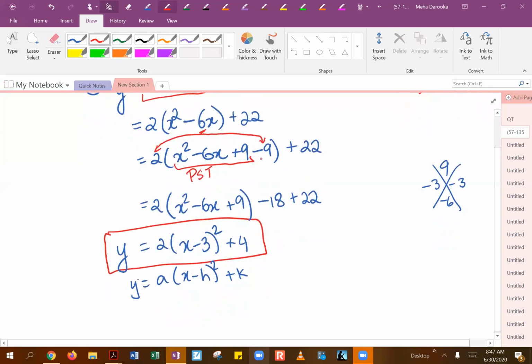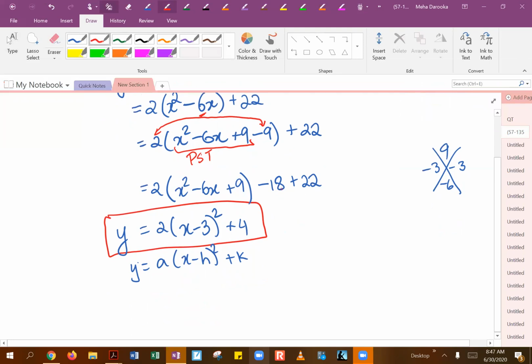We don't really need that minus 9 inside the parentheses, so we multiply that with the 2 in the front, bring it outside as negative 18, and then you're basically adding negative 18 with plus 22, which gives you the 4, and then factor out the parentheses part, x squared minus 6x plus 9, which factors into x minus 3, the whole quantity squared, and this is how we are converting it into the transformation form.